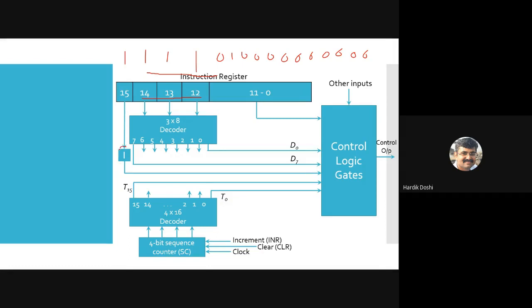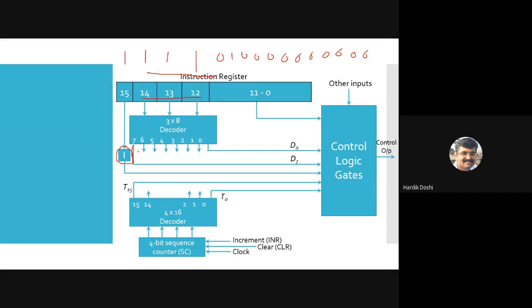That will be decided based on this I bit. If all 3 bits are 1, then D7 will be 1. That means D7 being 1 means either it is a register or IO instruction, but for sure it is not memory reference.